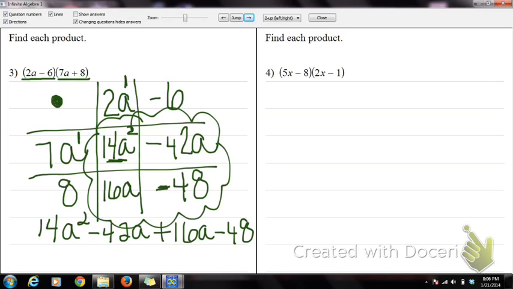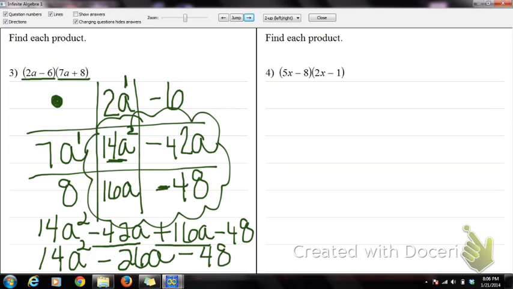All right. Now, looking at this isn't our final answer because there are some like terms. We have negative 42a and 16a. Same letter, same exponent, they're like terms. So we can keep 14a squared, and we have negative 42 and 16, I believe that is a negative 26a, and we can keep our negative 48 at the end, now that we've combined like terms.